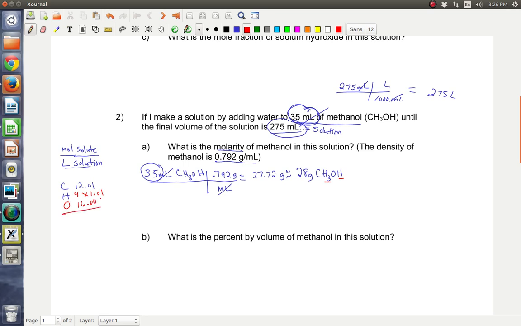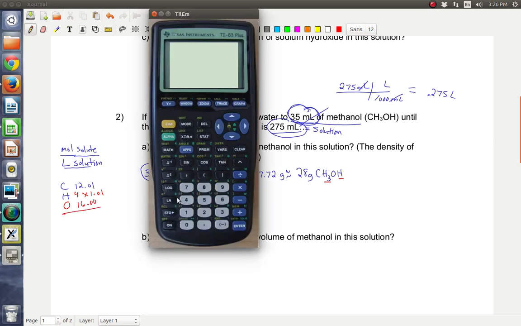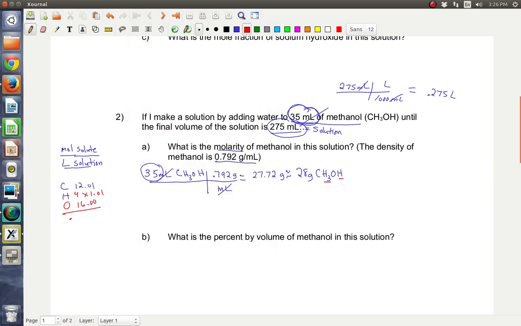All right, we'll pull up our calculator and add all that together. 12.01 plus 4 times 1.01 plus 16, 32.05. So that's the molar mass of methanol, 32.05 grams per mole.